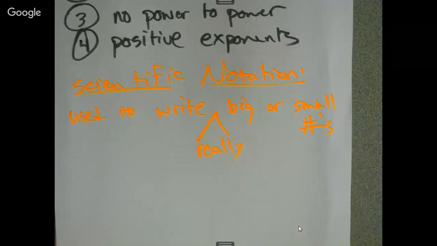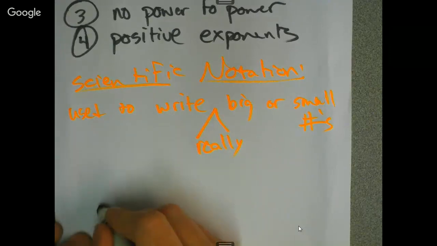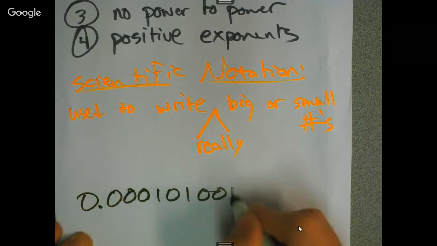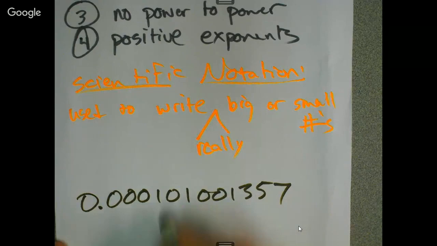So if I have some number that is just really small, let's change that to 0.